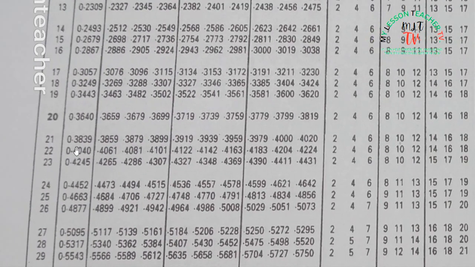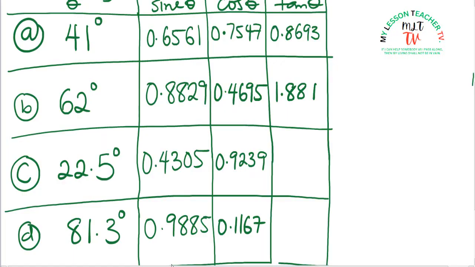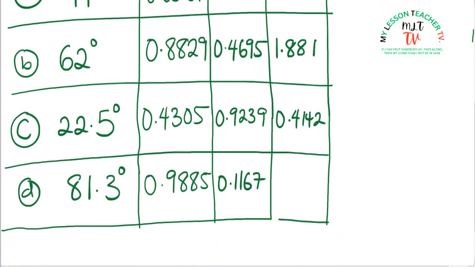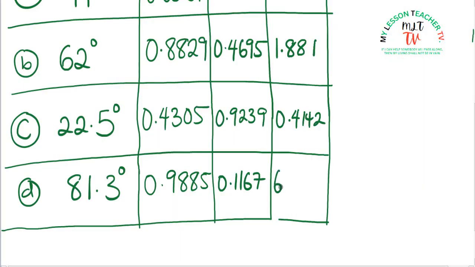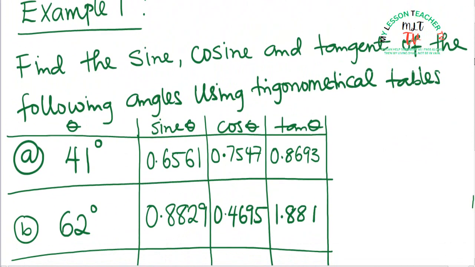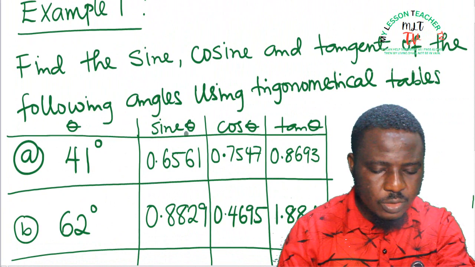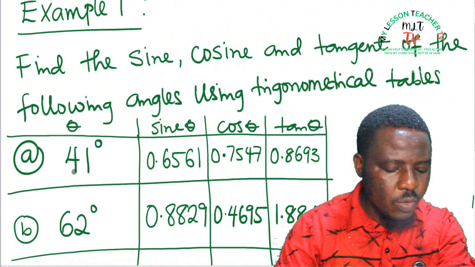So this is 22 under 0, 1, 2, 3, 4, 5, which gives us 0.4142, while tan 81.3 will give us, under 0, 1, 2, 3, 6.535.